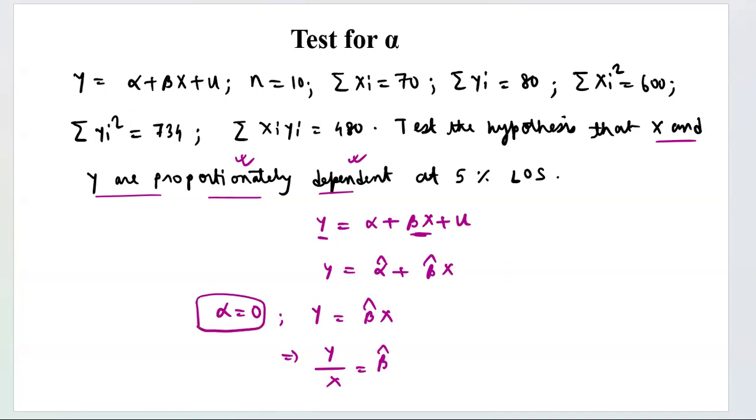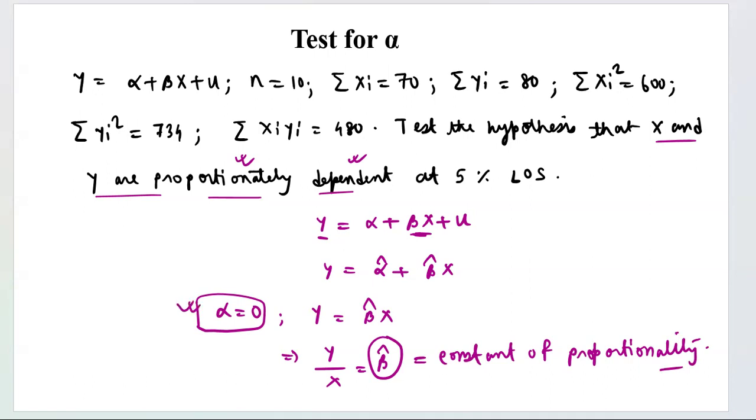I have written this because the meaning of proportionally dependent has to be understood. So y and x being proportionally related means that there should be a constant of proportionality between them, which is this particular thing here. Beta is the constant of proportionality, right? So this is what we need to test.